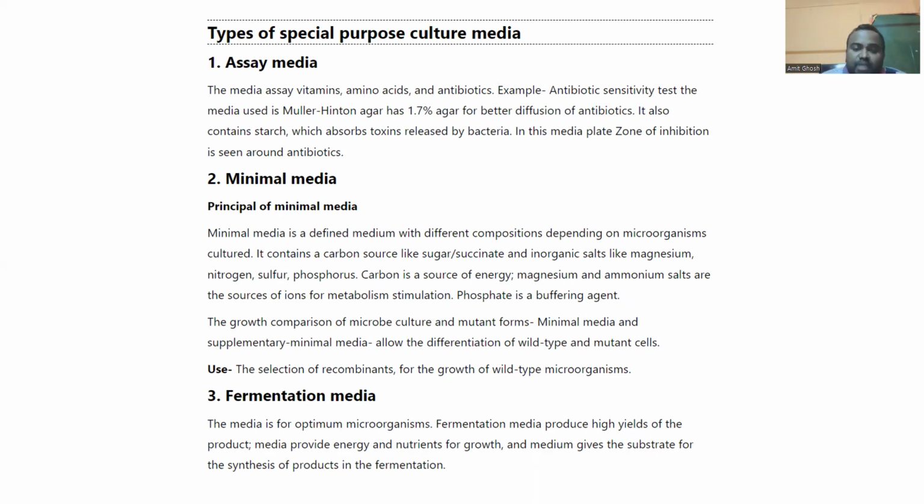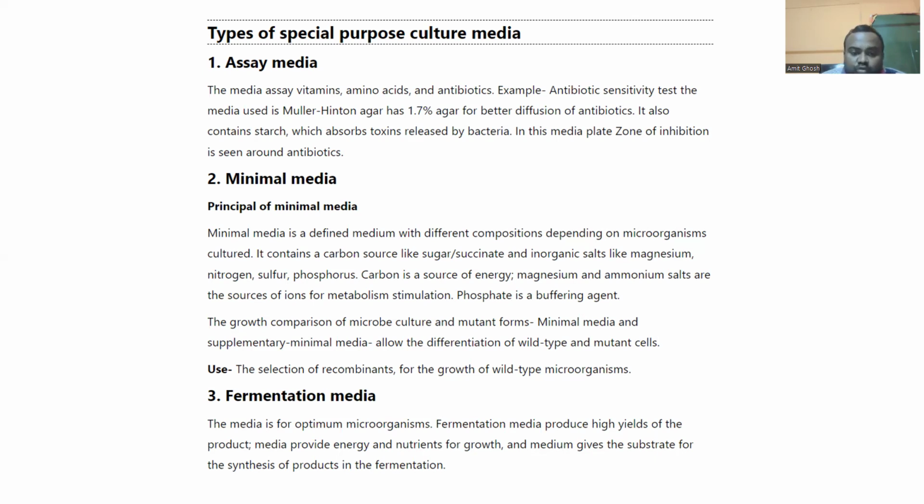Now the next one, minimal media. What is the principle of minimal media? Minimal media is a defined medium with different compositions depending on the microorganism cultured, and it contains a carbon source like sugar or succinate and inorganic salts like magnesium, nitrogen, sulfur, and phosphorus. Carbon is the source of energy.